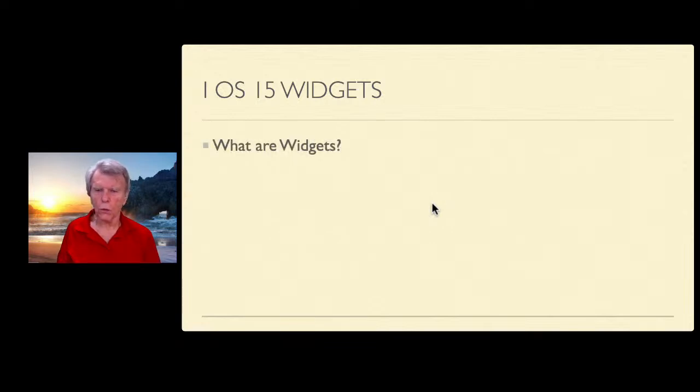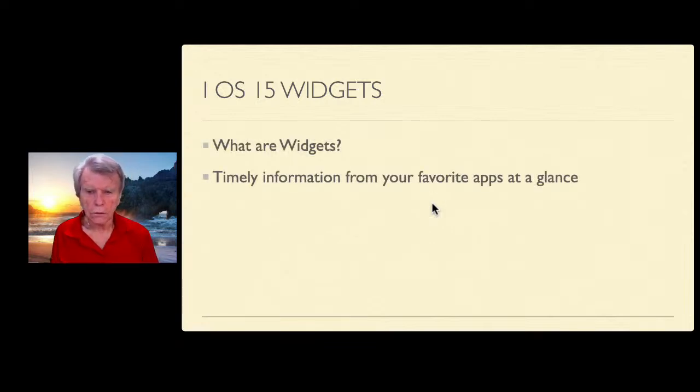So what are widgets? Well, they are little, not really applications. They work with an application to provide you timely information. So a widget, to answer Leslie Ann's question, is not an application, but it is like a little assist or a preview of an application.